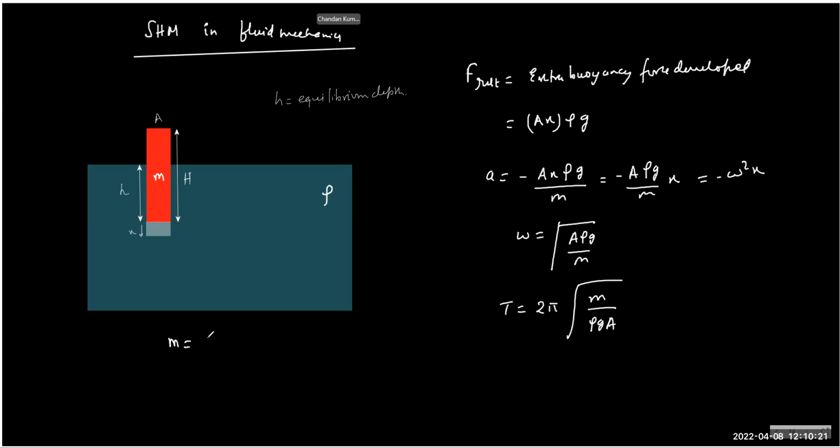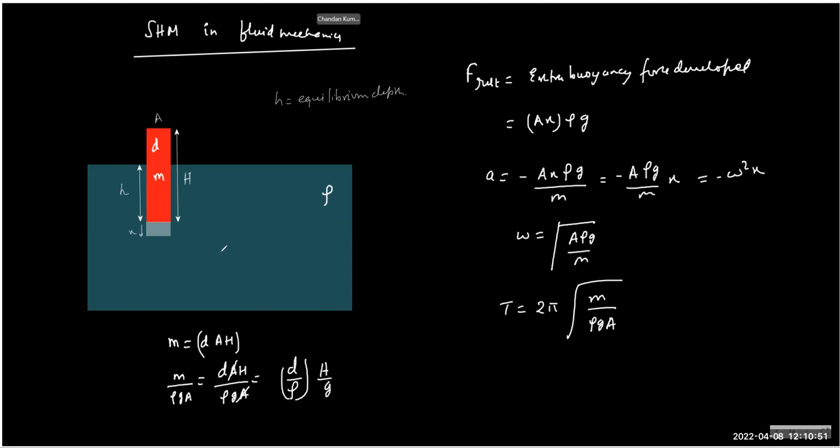Mass we can write as density, let D be the density of the object, into volume, which is A capital H. Therefore M by rho G A is the same as D A H by rho G A. So what we get is D by rho into H by G.